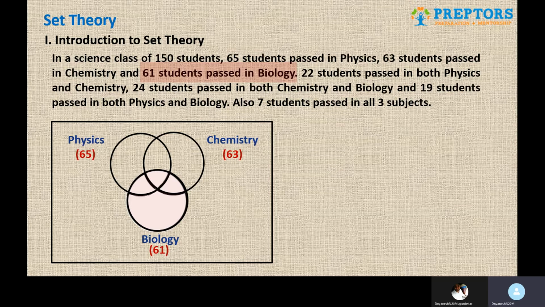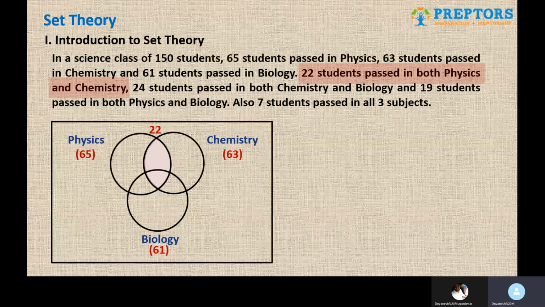But because this is again a slightly generic representation, where they are talking about both physics and chemistry, mind you, because of the language, some bit of biology will also be included in this, which is the intersection of all three. And hence the 22 that they are talking about are going to be these 22, something like this.